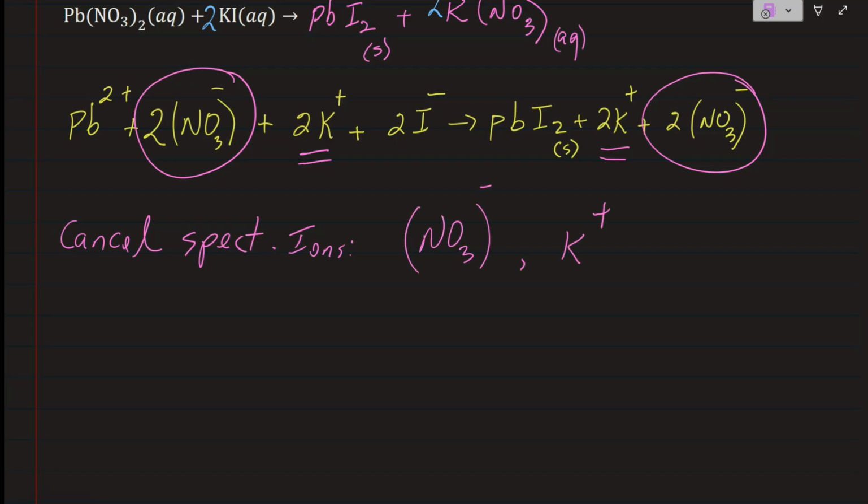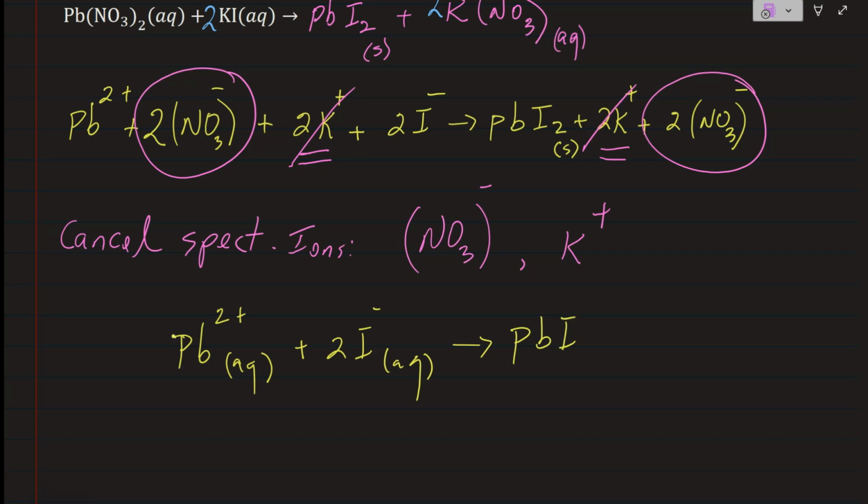They are spectators, so we have to cancel those. And what do we have? We have Pb2 plus and 2I minus, and that will give us the PbI2, which is solid.